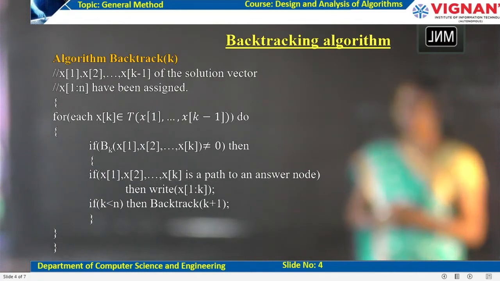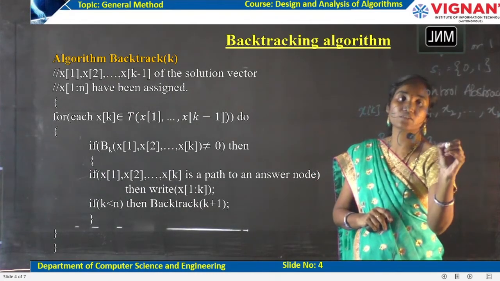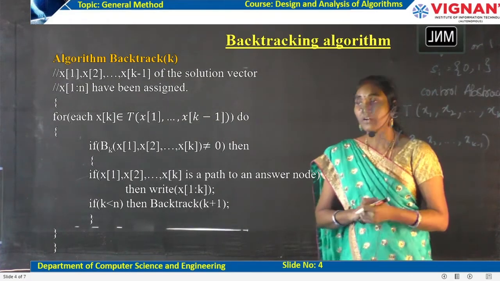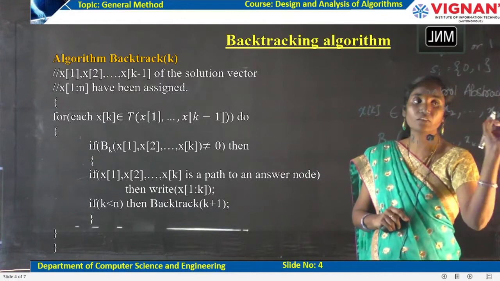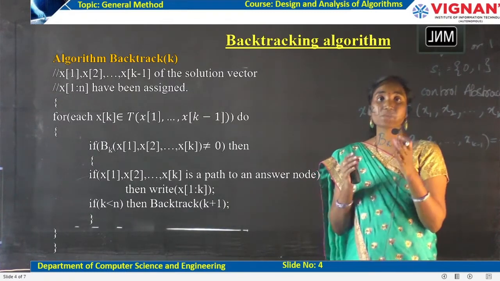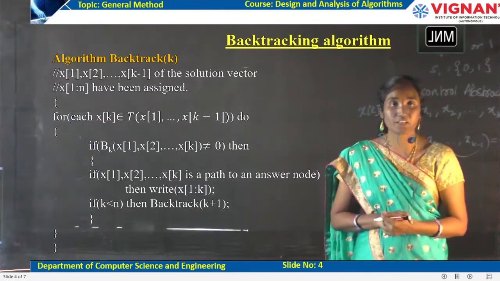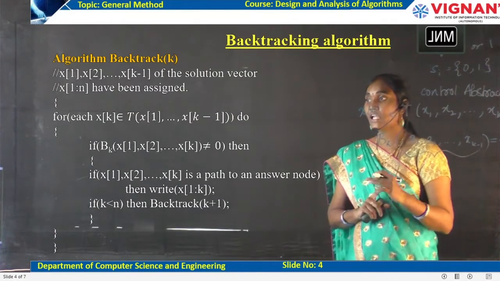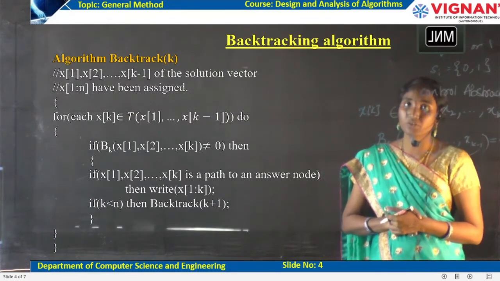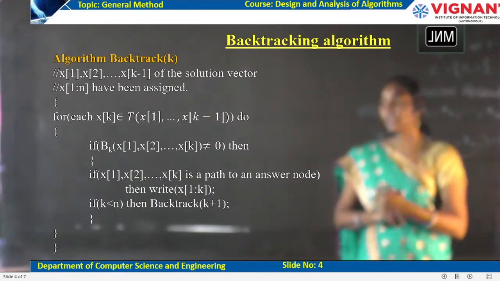Suppose B k of x1, x2 and so on x k minus 1 results in false. Then we can confirm that I could not have the solution, which means this path I should not take and I should take another path.